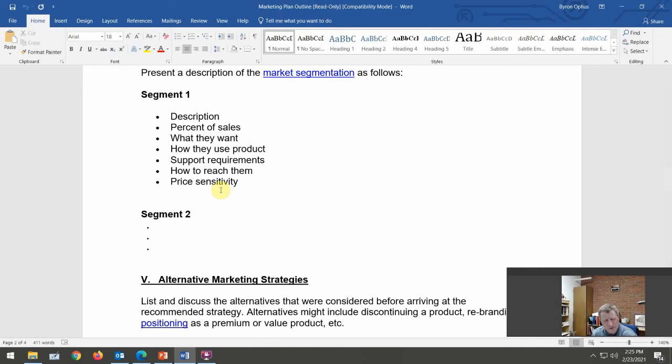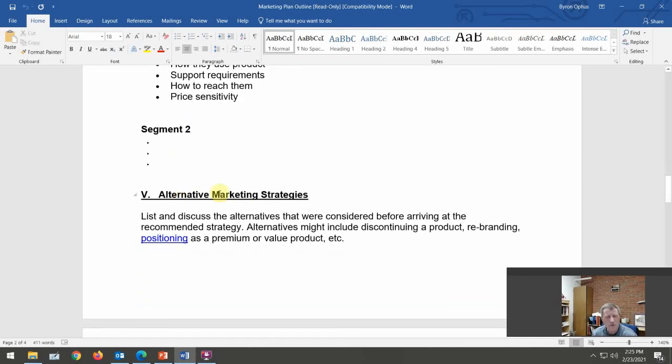If your ice cream was way better than Dairy Queen's, and Dairy Queen's got some pretty good stuff, could you sell it for twice the price? Probably not. Could you sell it for 10 cents more for a small Blizzard, or 25 cents more? Maybe. I don't know that people would be that price sensitive. So think those things through.